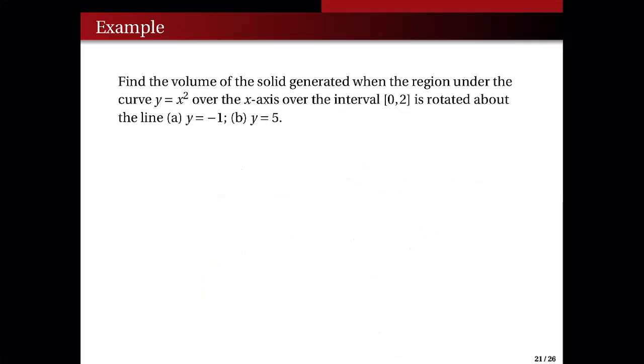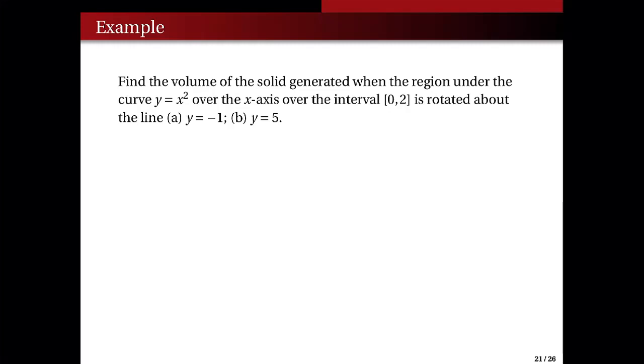Find the volume of the solid generated when the region under the curve y equals x squared over the x-axis, over the interval 0, 2, is rotated about the line y equals -1.